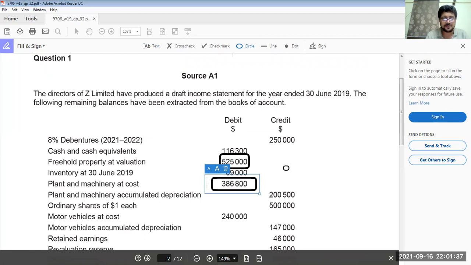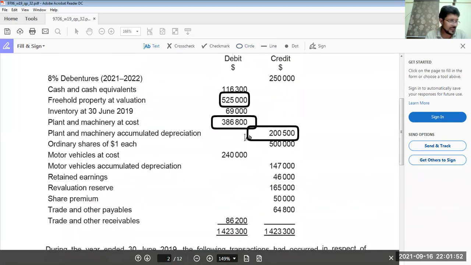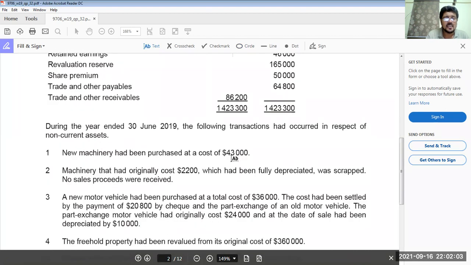And this is the depreciation. Now see, what we have to do, 1 year back, what was happening? Plant and machinery total is 386,800.